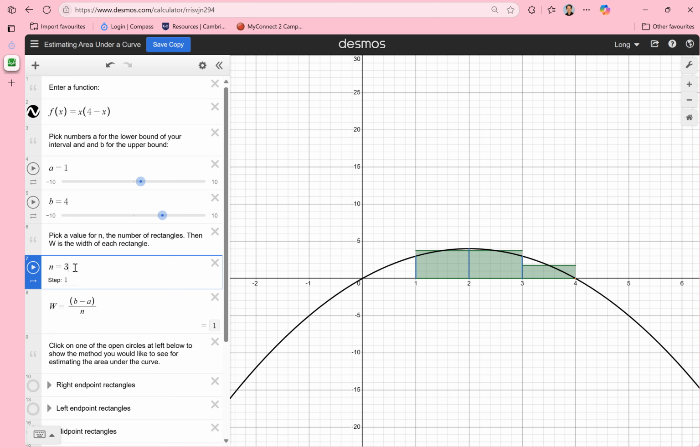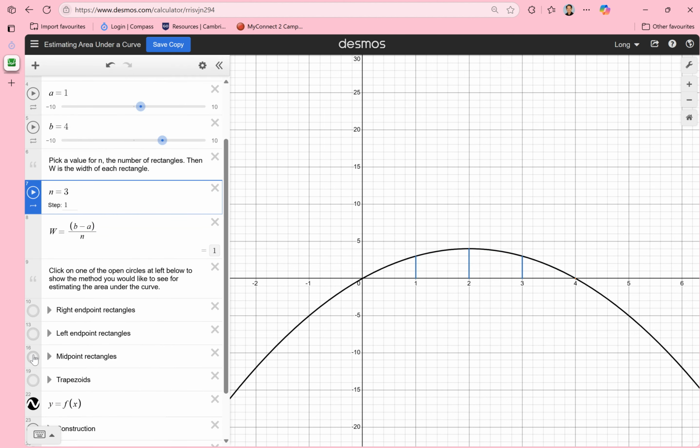And you can also change the number of rectangles. Since I know the number of rectangles is 3, I just typed in 3, so it works out the width for you and all that, right? But what's cool is you can choose right end, left end, midpoint, which is the average, or the trapezium method. So you can visualize what it looks like, and as you change, get your head around it.